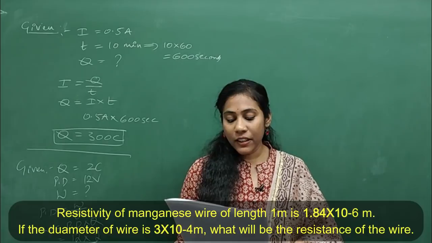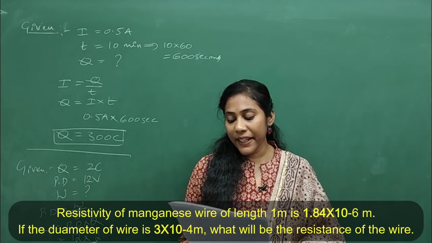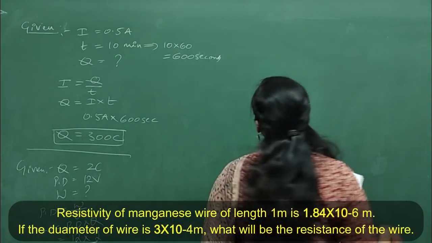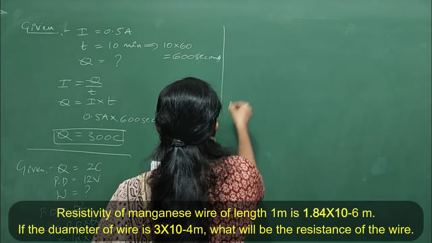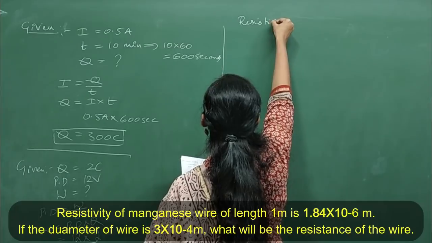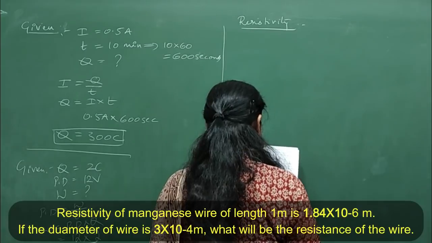If the diameter of the wire is 3 into 10 power minus 4 meter, what will be the resistance of the wire at that temperature? Okay, first let us list out what is given. They have given resistivity, isn't it? So what is resistivity here?